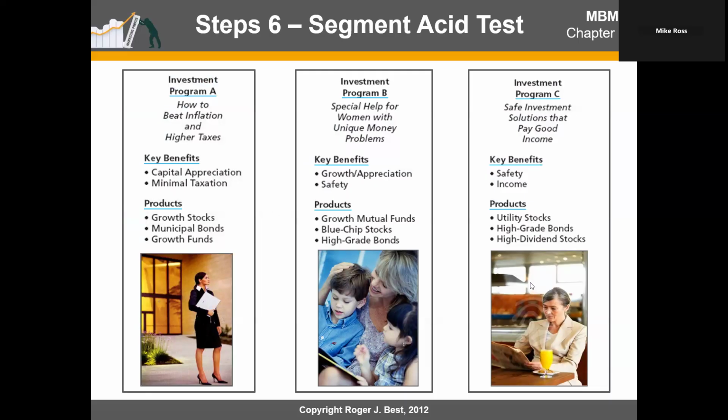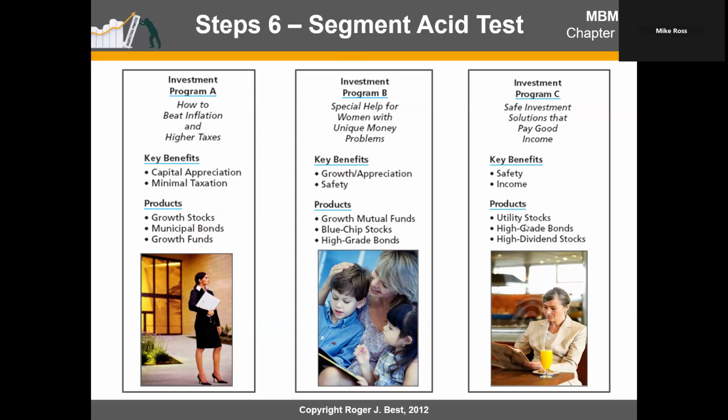Another example here at the consumer level, this is person A around, let's say, financial management. Maybe this person is more focused on growth, maybe a single professional lady versus maybe a mom with a couple of kids, maybe looking for a little bit more security versus, as we were talking before, a quote unquote mature woman.